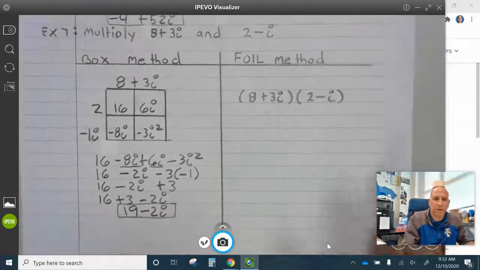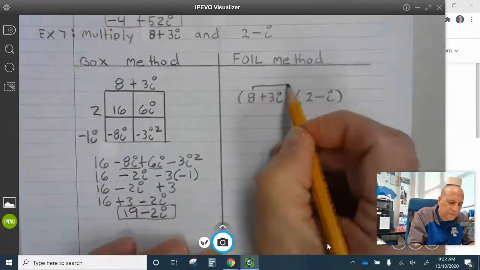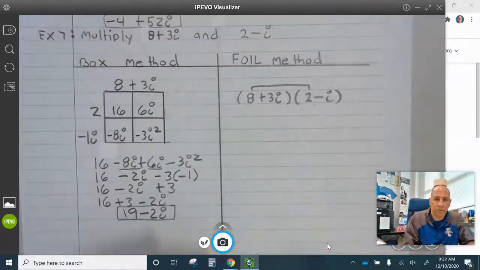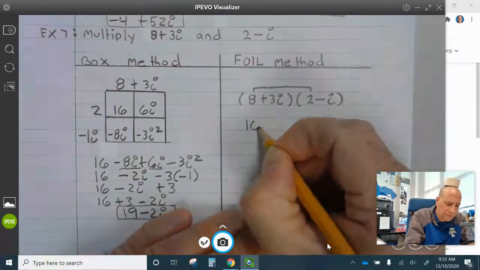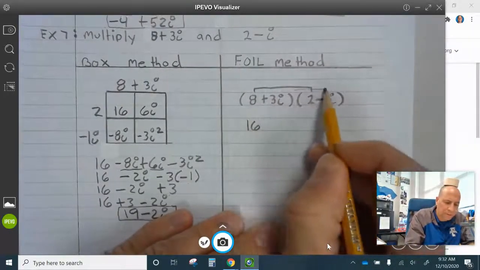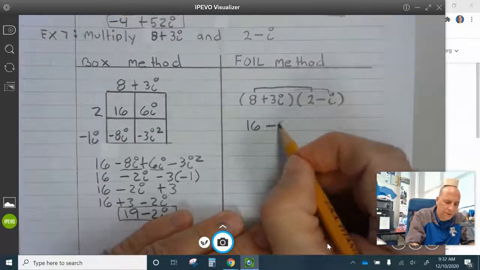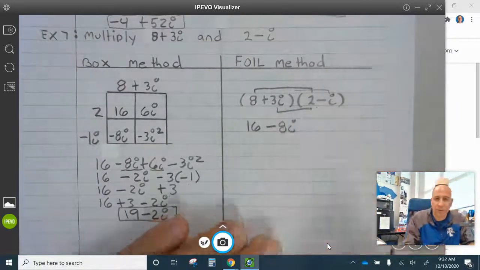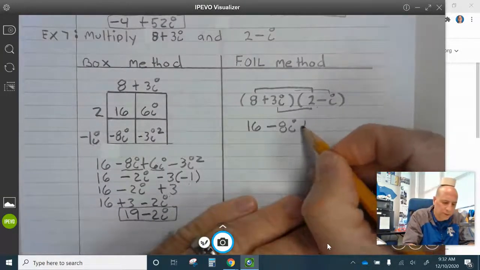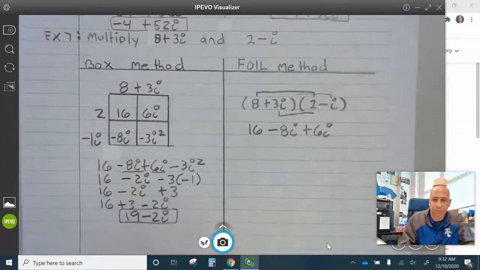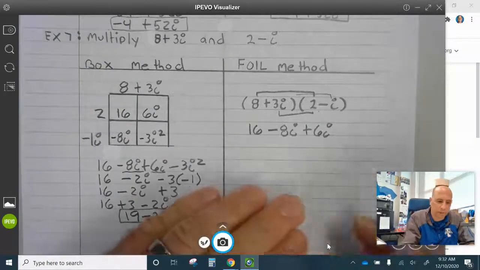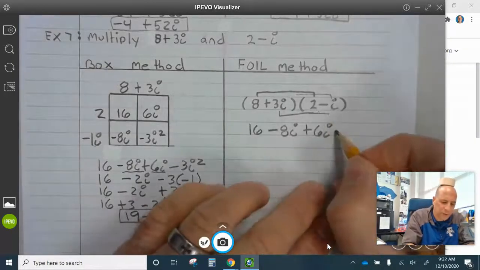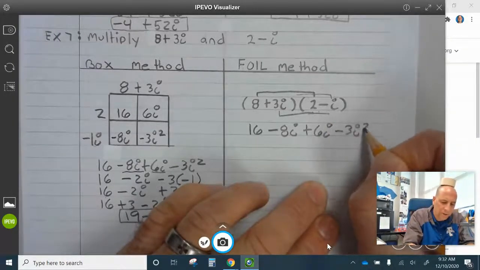Okay, now let's FOIL. So that's 8 times 2, which is 16. 8 times negative i is minus 8i. 3i times 2 is plus 6i. And then 3i times negative i is minus 3i squared.